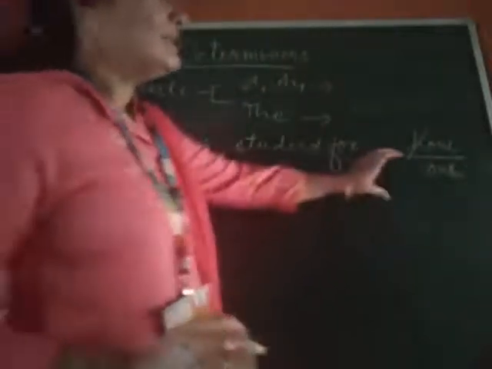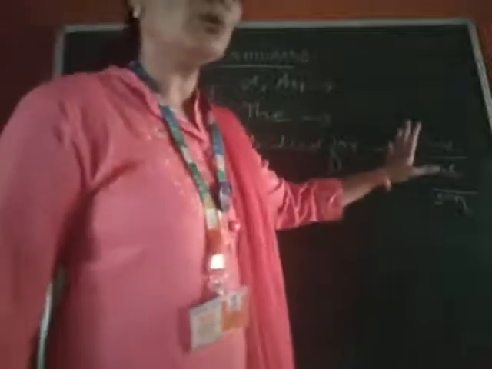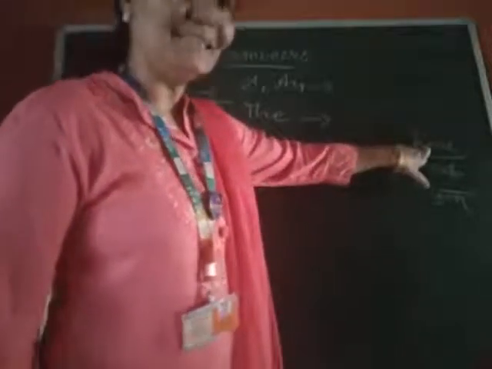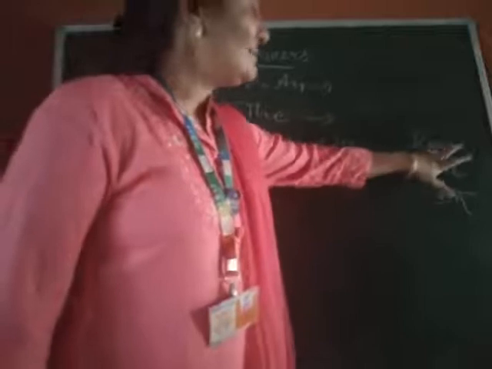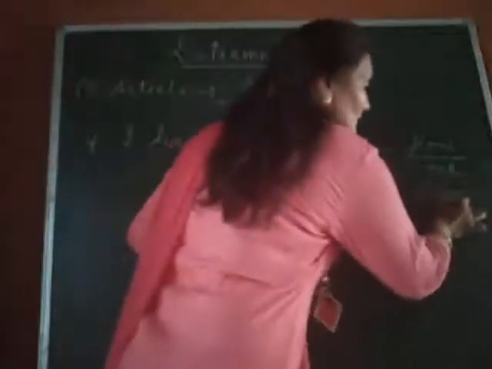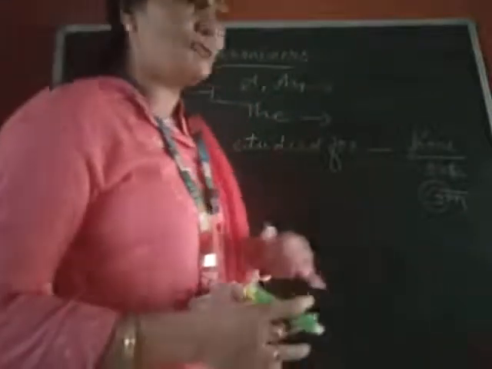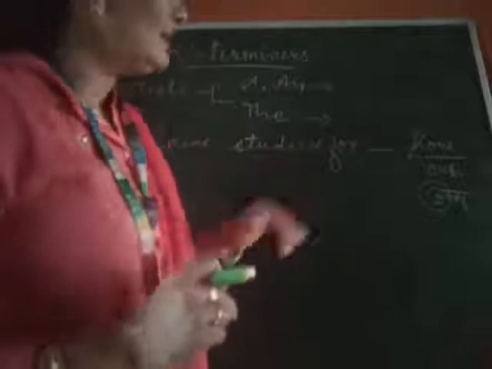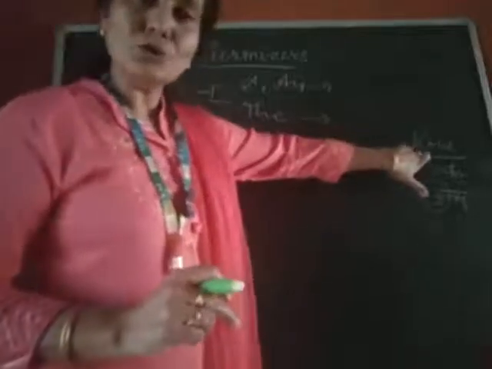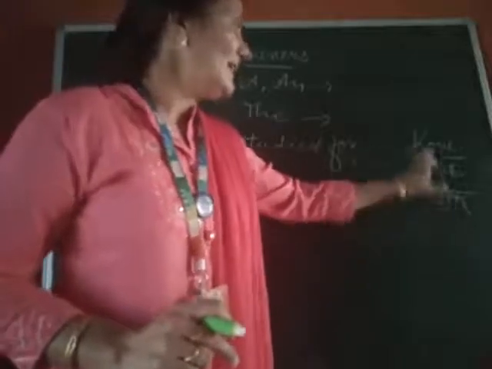Here we have to use an indefinite article, a or an. We are discussing a and an, because first of all we will discuss these articles, after that we will discuss the. So now here we have to use a or an. What will you use? We have to check the sound of the first letter of this word. Here h is silent and it is pronounced hour.